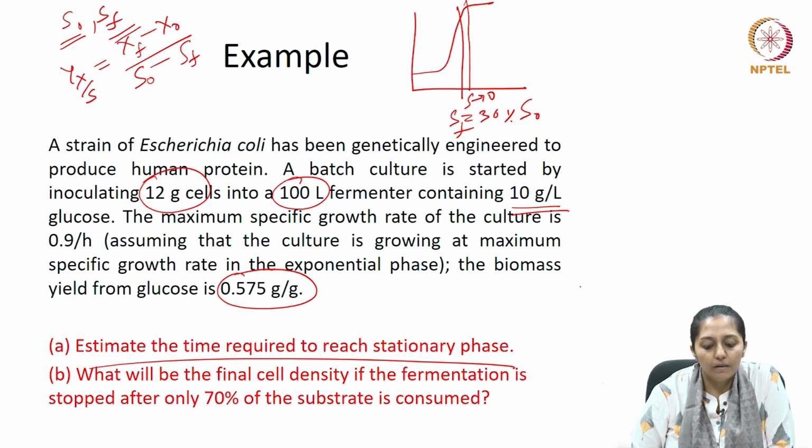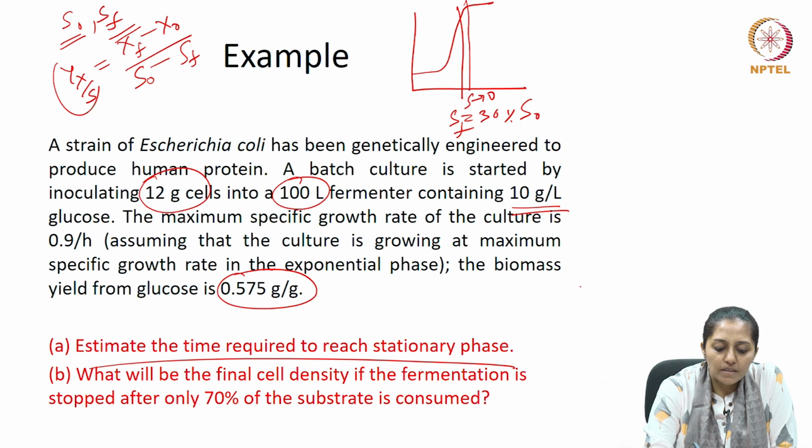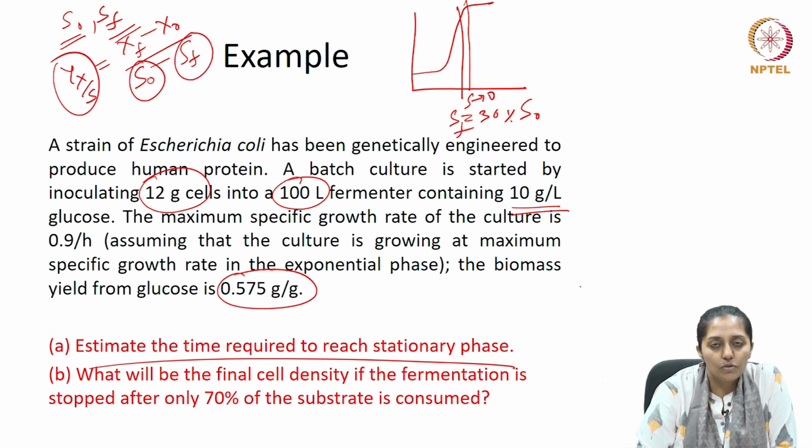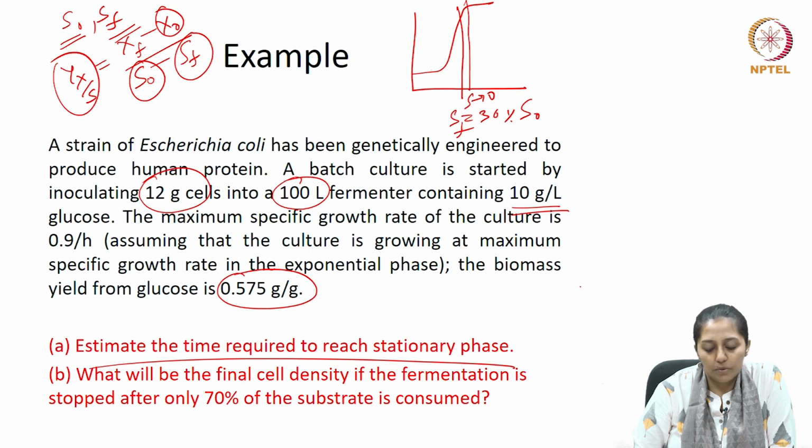F stands for final, O stands for the initial value. Now, Sf is known and X naught is known, so we can easily calculate the final biomass.